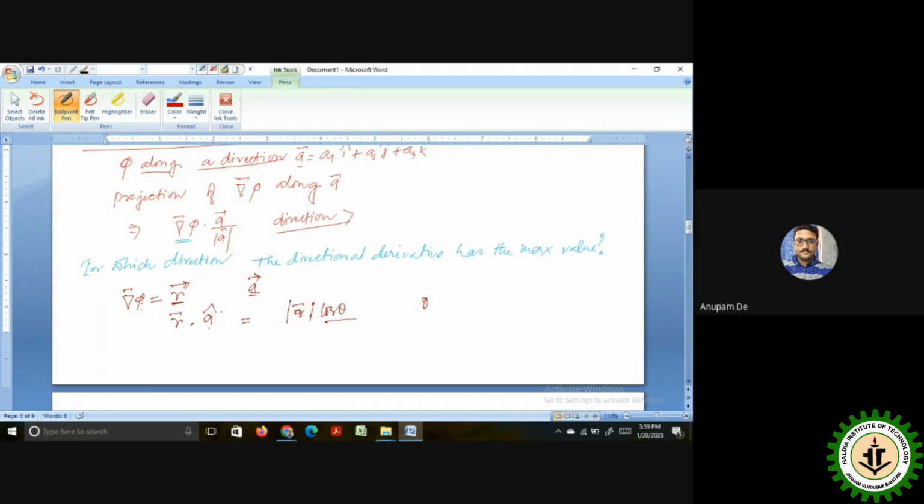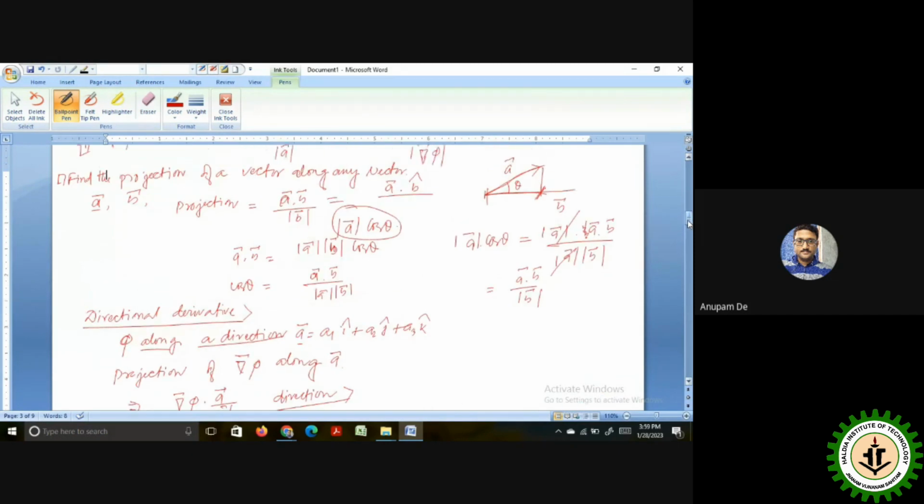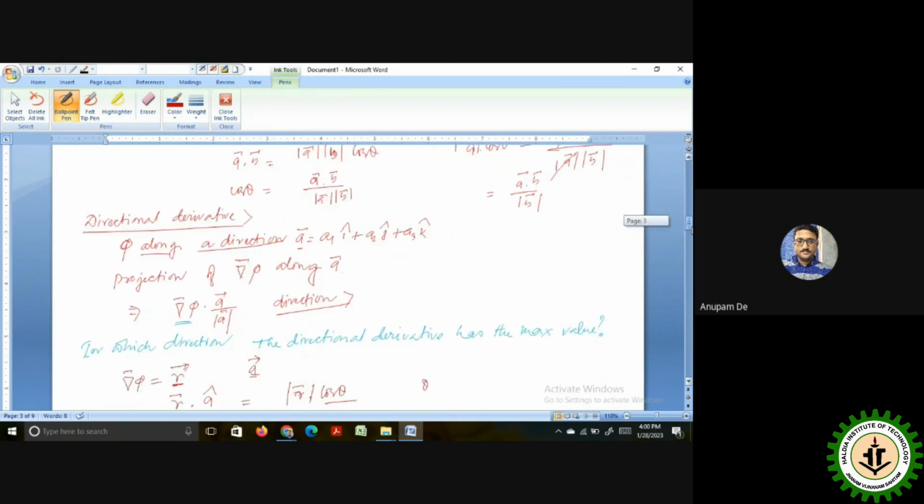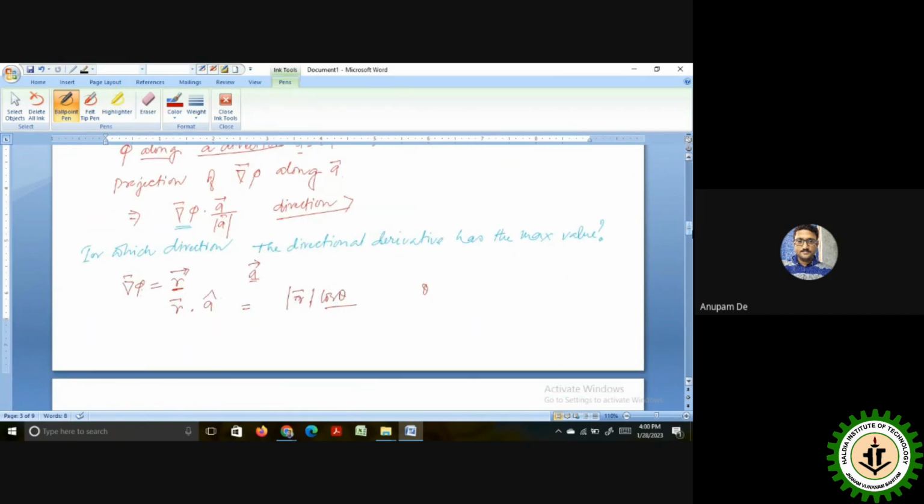Whole thing depends on what? What we do here, r dot A means, as we have already discussed in the previous. A cos theta is the projection, and that we have calculated by A dot unit vector. Here we have done r dot the unit vector, and that is basically r cos theta. Now this depends on the value of theta.